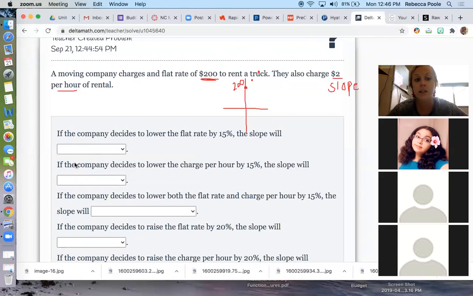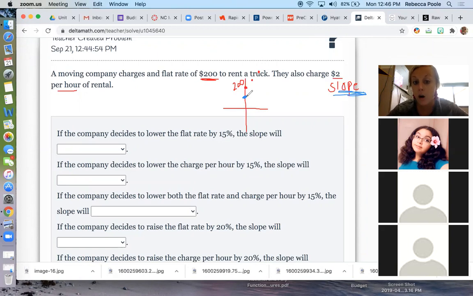So this first one says if the company decides to lower the flat rate. Well, let's think about it. If we move the 200, I'm not even worried about the 15%, so don't look at that. If we just lower the 200, so Jordan, pick a number smaller than 200. 150. Okay, if we go down to 150, so if I lower the flat rate to 150, did I change the slope?